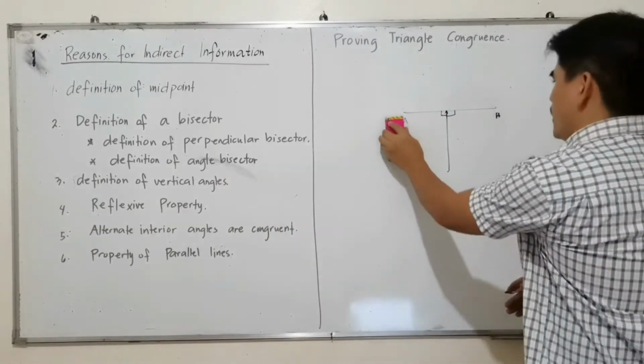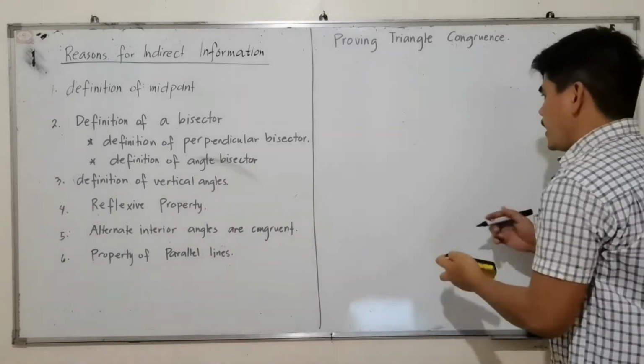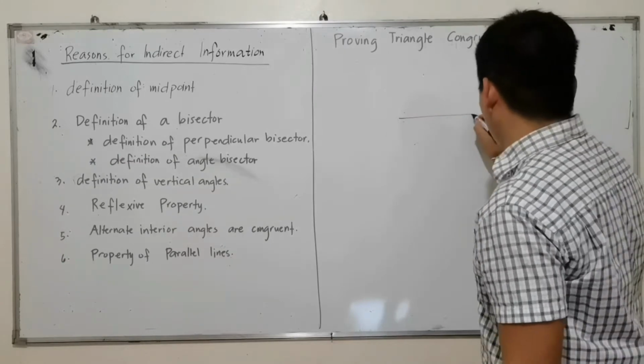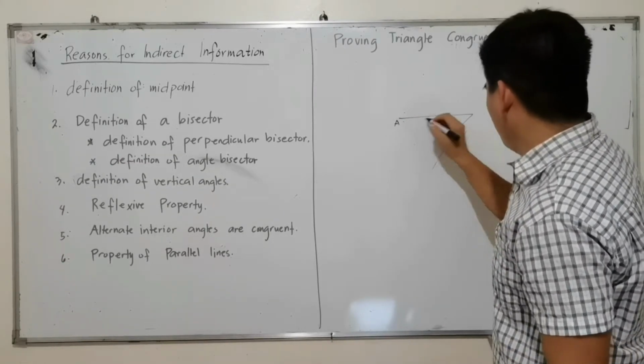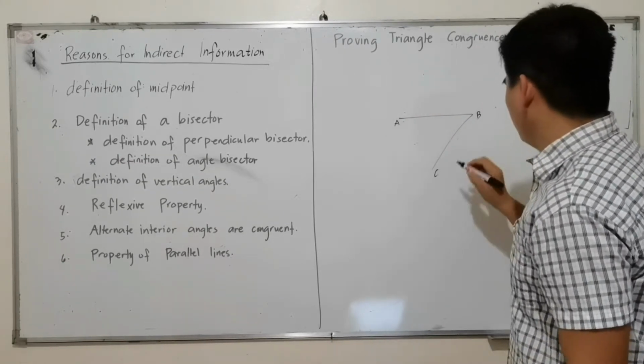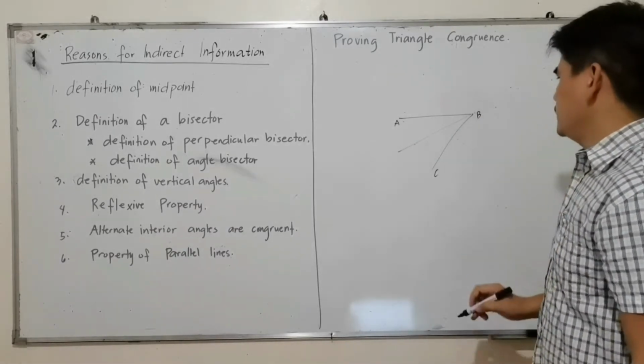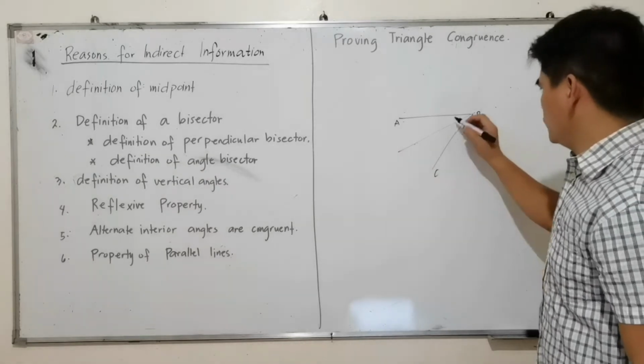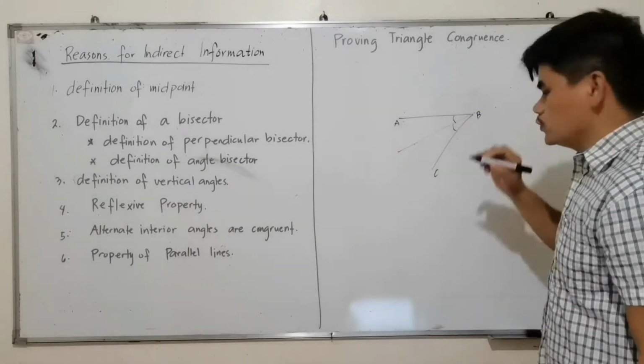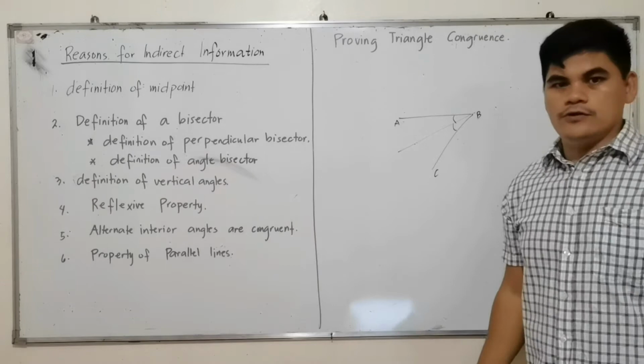Now, definition of angle bisector. If this is angle ABC, for example, and there is an angle bisector, then this angle bisector divides the angle into two equal angles.